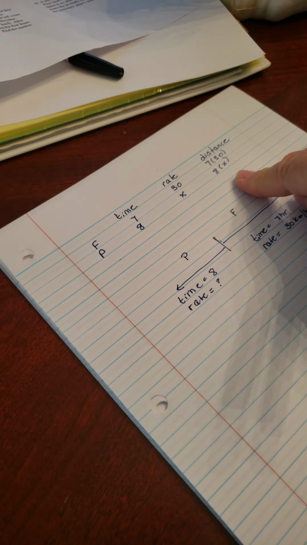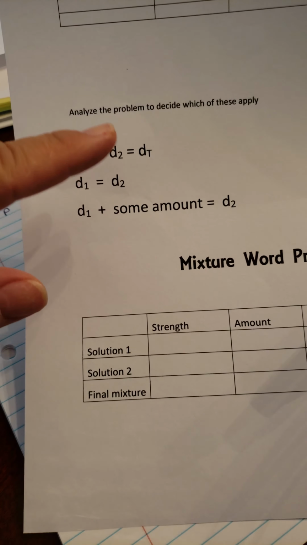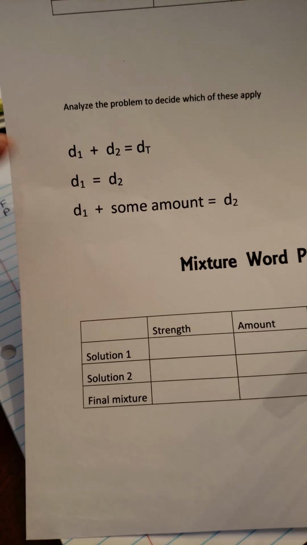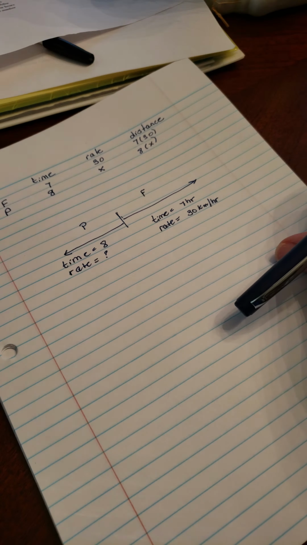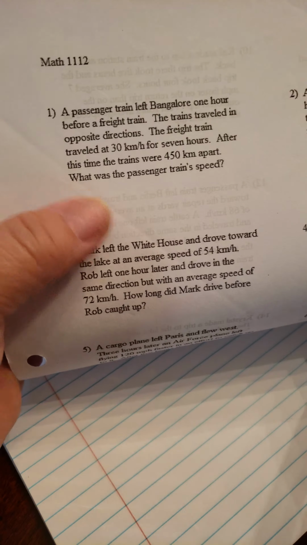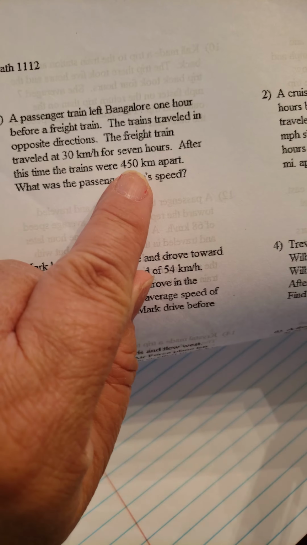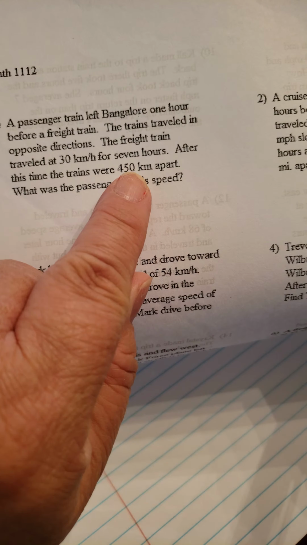Now I want to think about which one of these three situations is represented by this problem. And in the word problem, it told me that after these 7 hours, after this time, the trains were 450 kilometers apart.